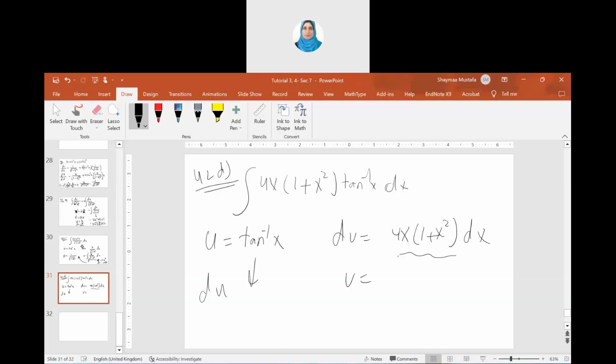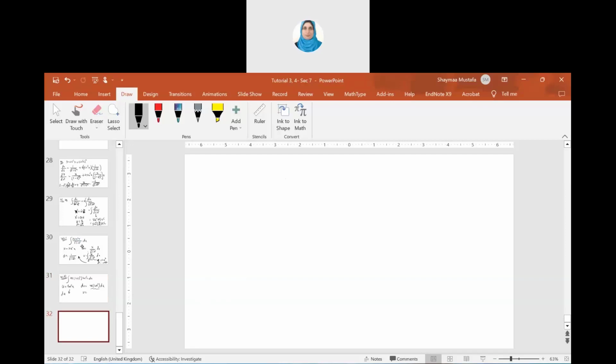44c and f. Number c, complete the square. 44c, the integral of dx over 2x squared plus 2x plus 5. This one, complete the square.